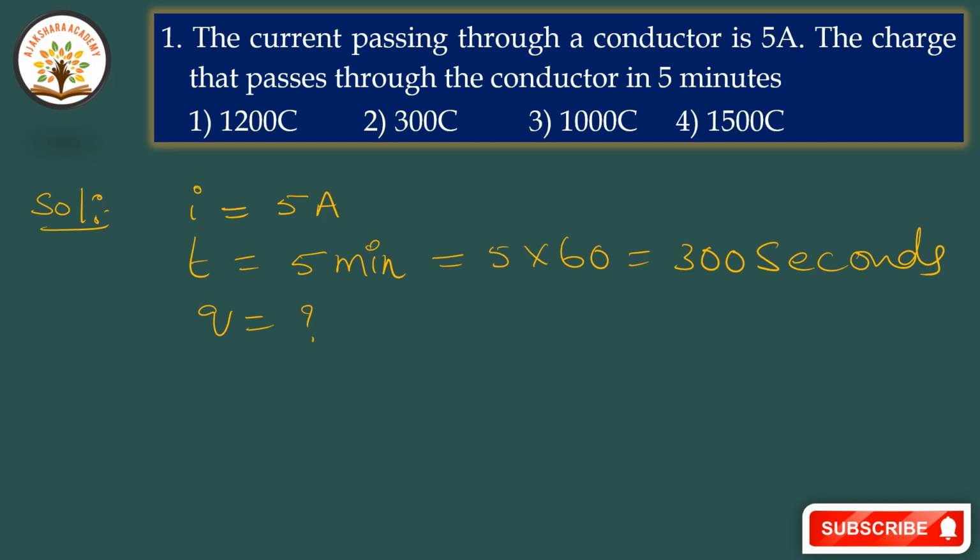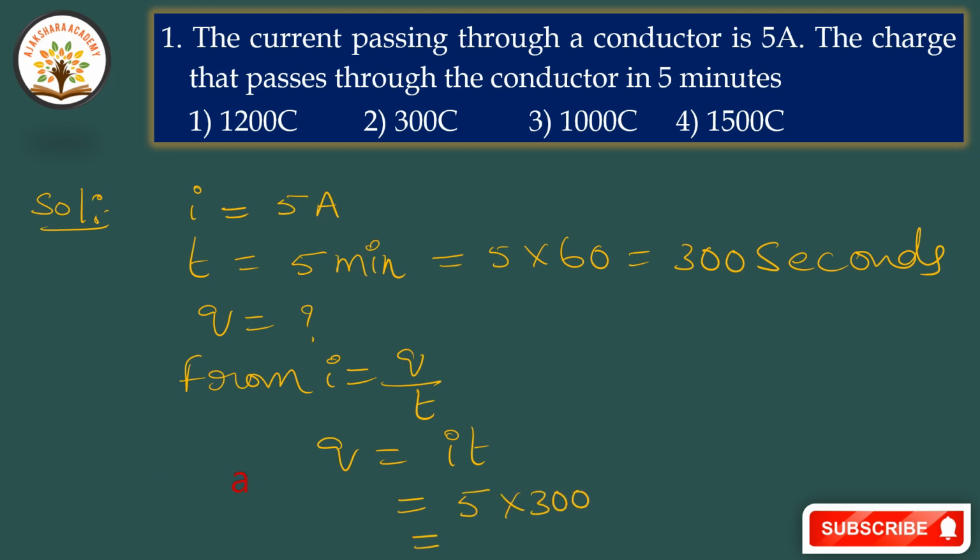From current I is equal to Q by t, from this, Q is equal to I t. Now substituting values, I is 5, t is 300. So that is equal to 1500 coulombs. So the charge that passes through the conductor in 5 minutes, Q is equal to 1500 coulombs.